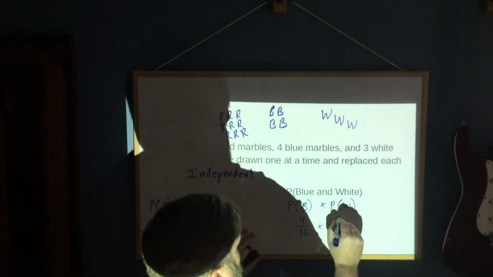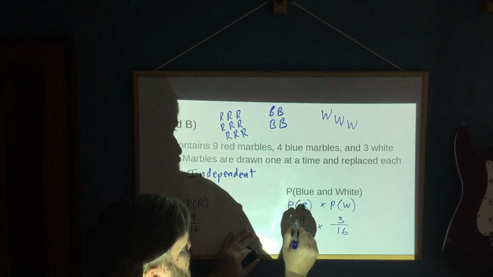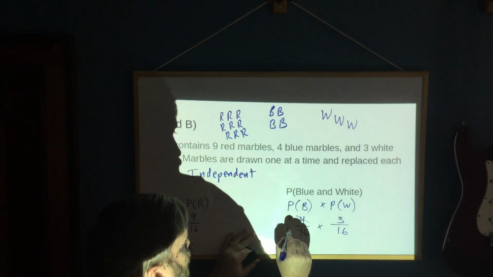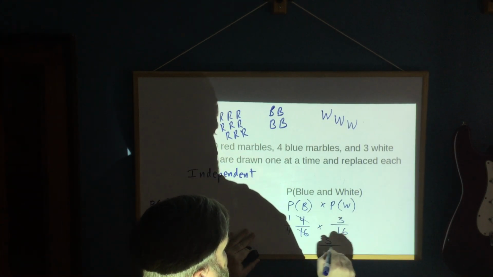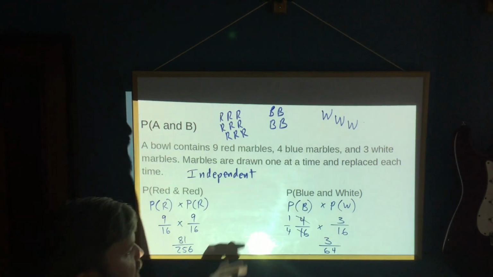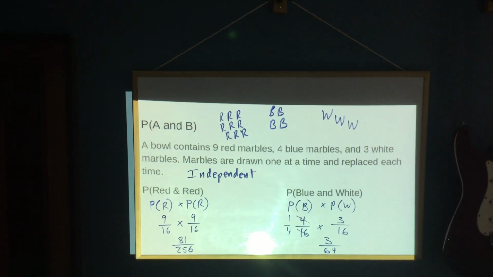So that would be 3 out of 16. This reduces to 1 out of 4. This doesn't reduce, so we get 3/64. So the probability that we get a blue one and a white one is 3 out of 64. Okay.